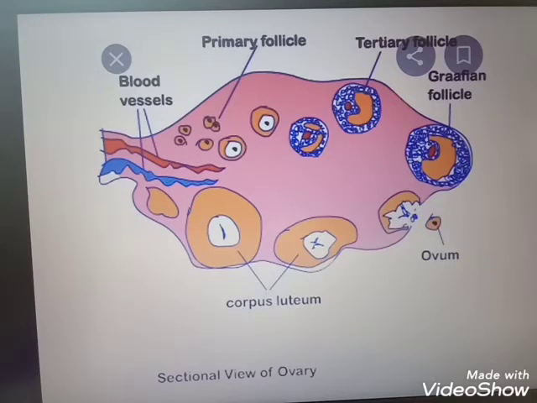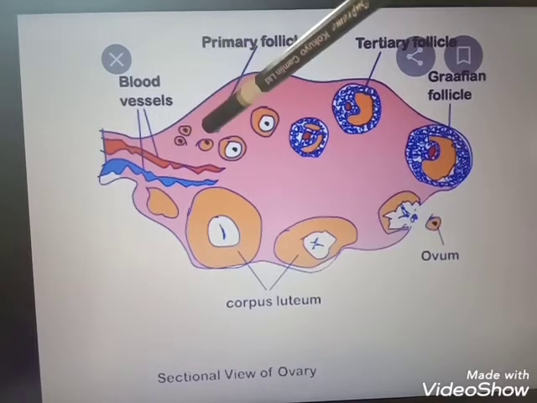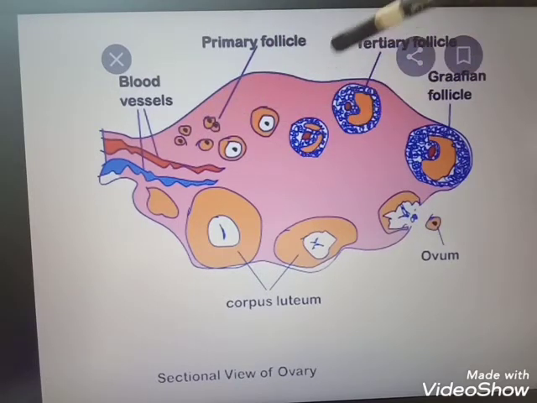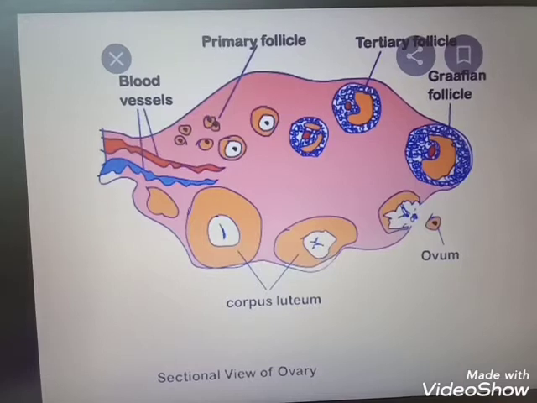The mature tertiary follicle further grows in size to form the Graafian follicle. So here the primary follicle gets converted into secondary follicle, then into tertiary follicle, and the mature one is known as the Graafian follicle, with a large central follicular cavity known as the antrum. The fluid inside it is known as liquor folliculi.